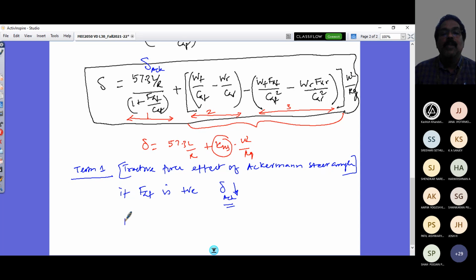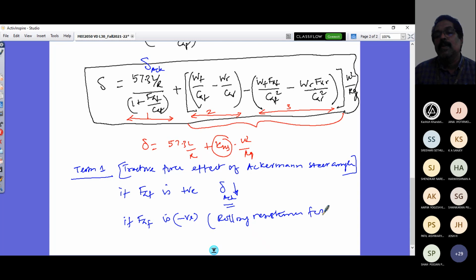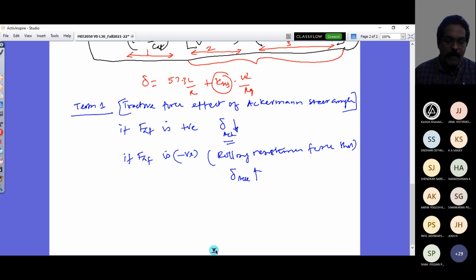If FXF is negative, maybe that represents rolling resistance force. Then the delta Ackermann part would increase, right? So this is the way you can interpret it.